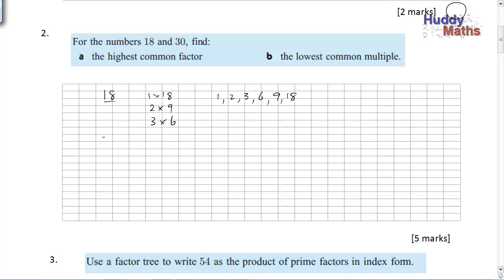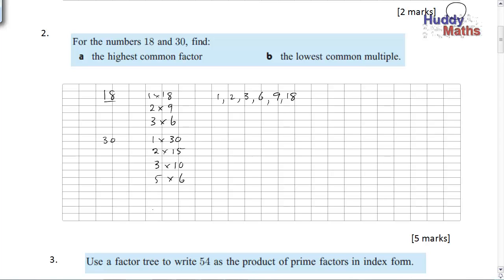And what about 30? 1 by 30, 2 by 15, 3 by 10, no 4s, 5 by 6, 6 by 5, and then it repeats.